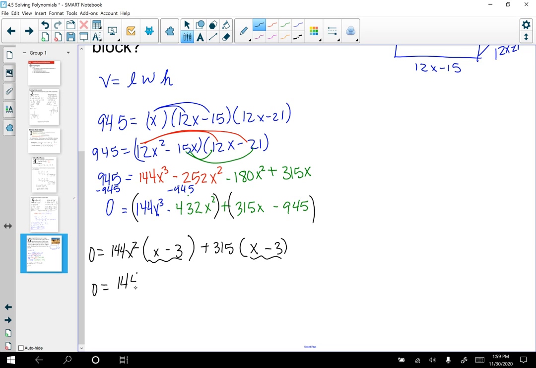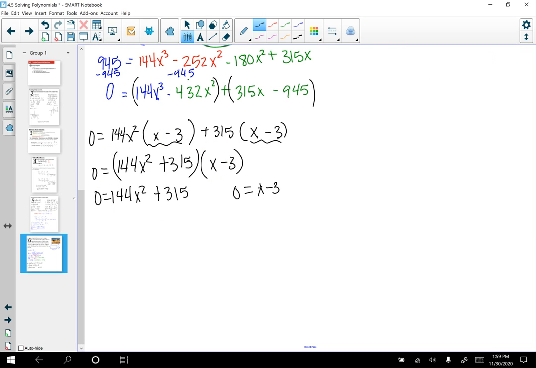And we get 144x squared plus 315 multiplied by x minus 3. Right, so now I set each of those equal to 0, and I solve for x. This should be x minus 3.